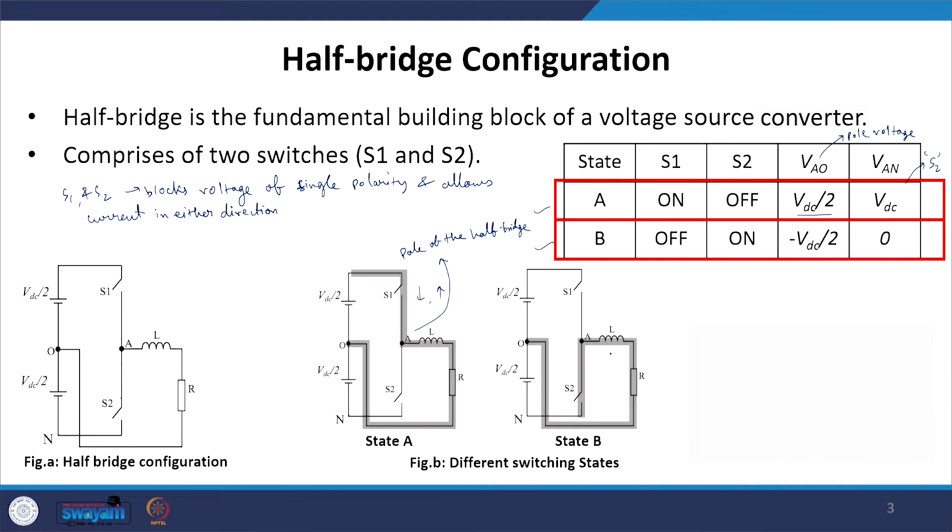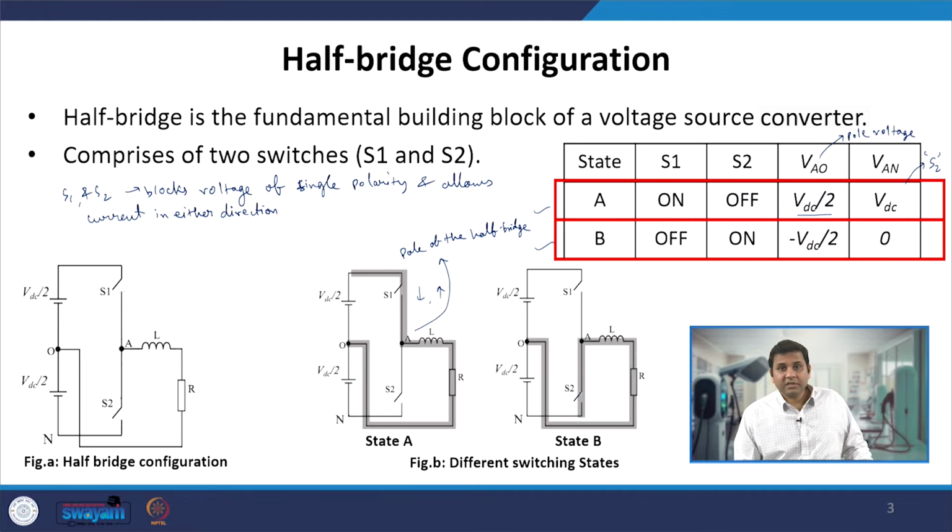Now in the next state, state B, we are turning off switch S1 and turning on switch S2. When you turn on switch S2, you are applying the pole voltage VAO of minus VDC by 2. So in state A we were applying VDC by 2, in state B we are applying minus VDC by 2.